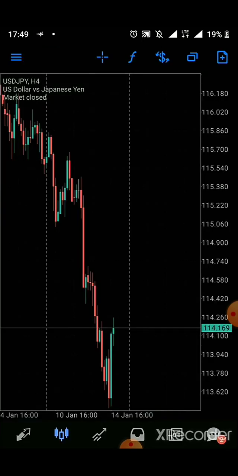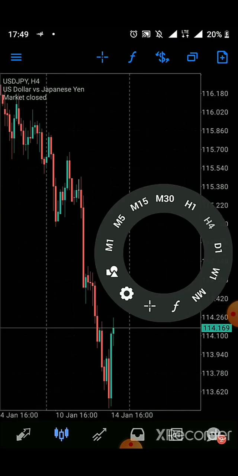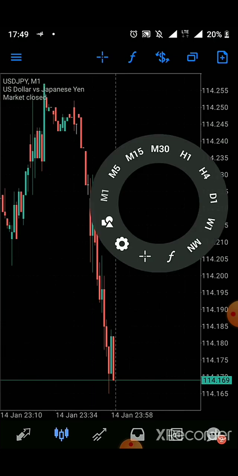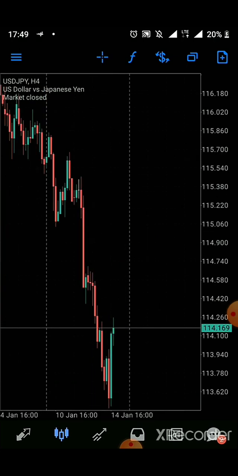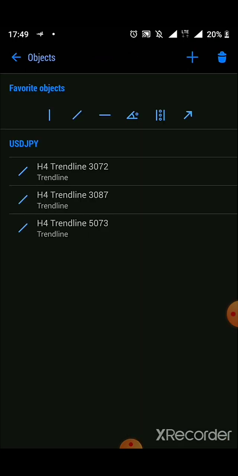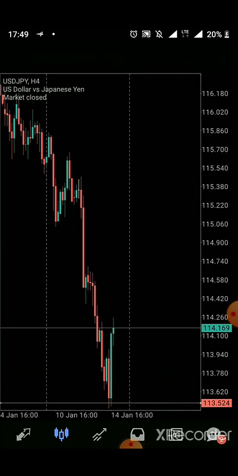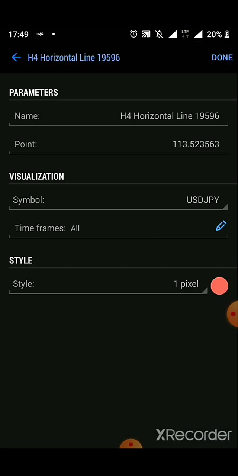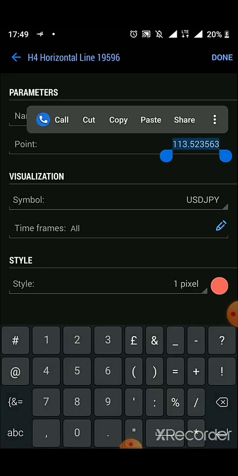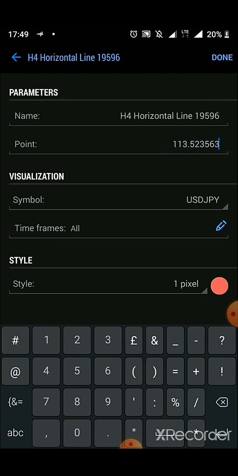The easiest way of entering or placing orders is to simply pick your rectangular tool. You pick your rectangular tool, you rally it down to the point you want. You hold down the rectangular line, then you copy these points, because each line is drawn according to prices.